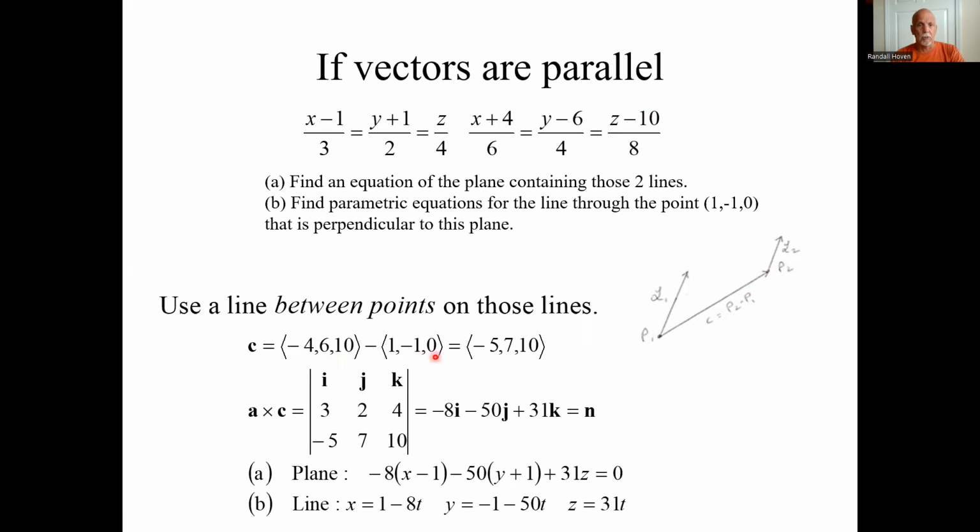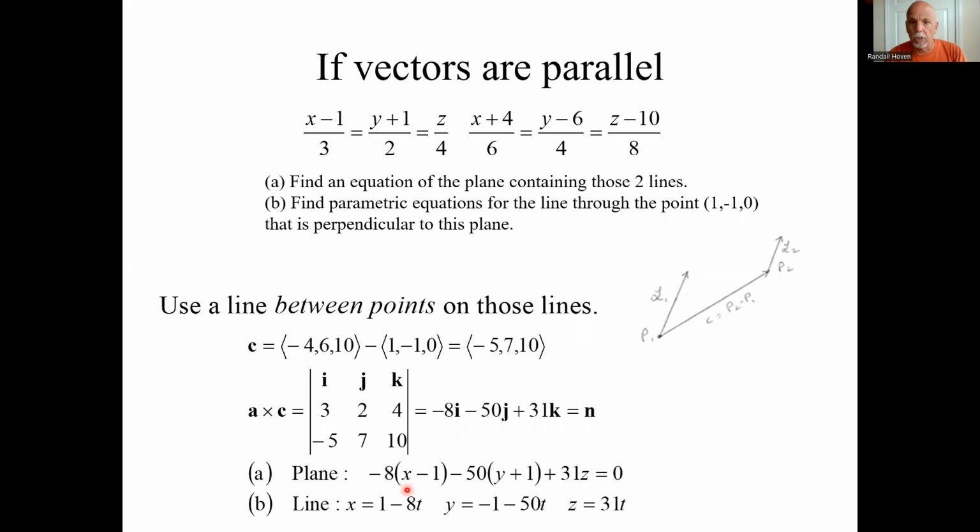If I take the difference between those 2 points, I get this vector. This vector now is not parallel to the other vectors. So I can cross this guy with either 6, 4, 8 or 3, 2, 4. It doesn't make any difference. I'll cross 3, 2, 4 and this guy, and get -8, -50, 31, and that's my normal vector.